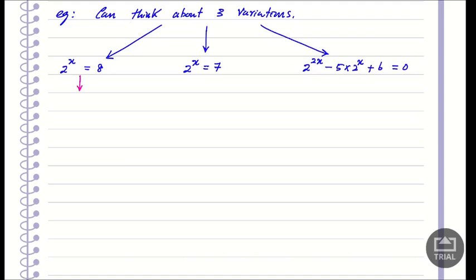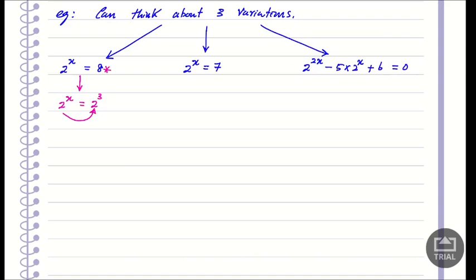So before I go into the solutions, I will show you why they're different, right? So if you think about the first one, 2 to the power x is equal to 8, why is this 8 important? Because 8 can be written in terms of base 2.